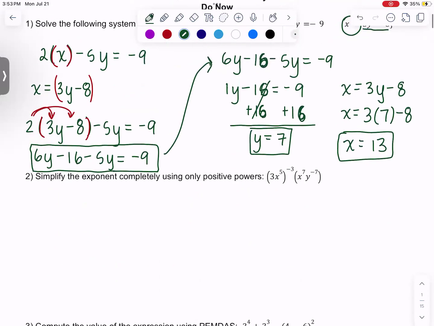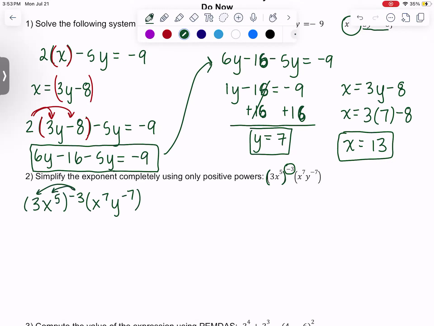Number 2. Simplify the exponent completely using only positive powers. So here we have a -3 outside of the first expression. We need to distribute that -3 to all terms. Let's rewrite the original.